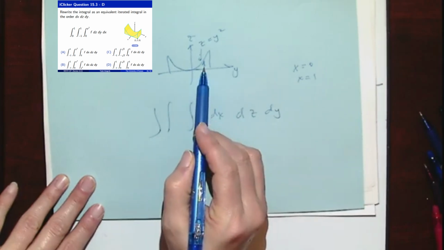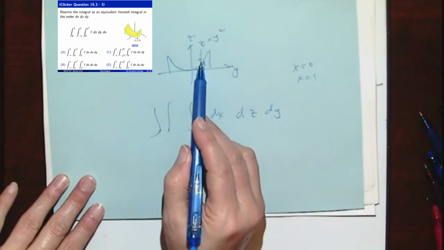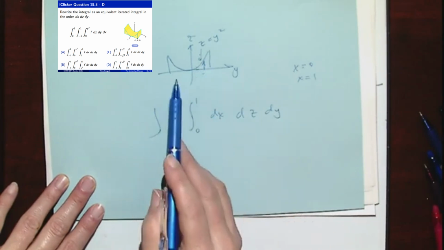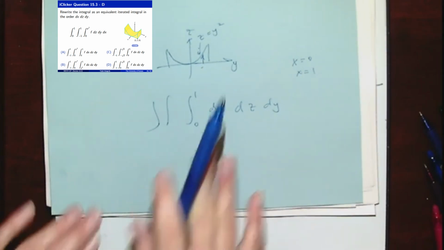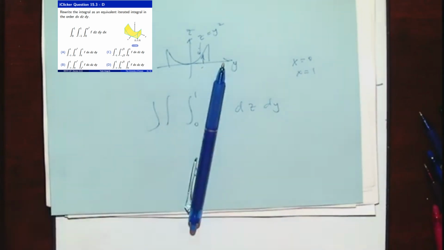Z goes from what to what? To y squared. What about y? Okay, which one is that? 4, 3, 2, 1, 0.